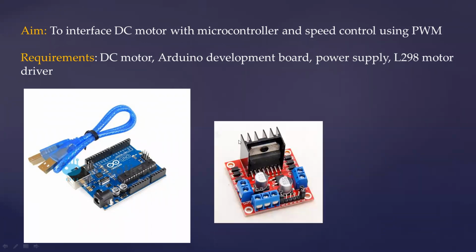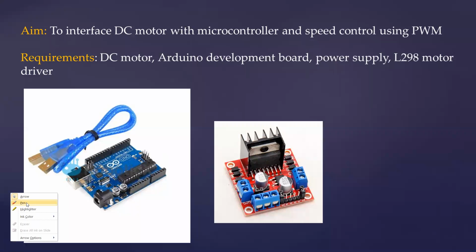So this is your L298 motor driver. So basically this L298 motor driver is used to drive the motor. Okay. So this is the H-bridge motor driver. So this is the L298 H-bridge motor driver.